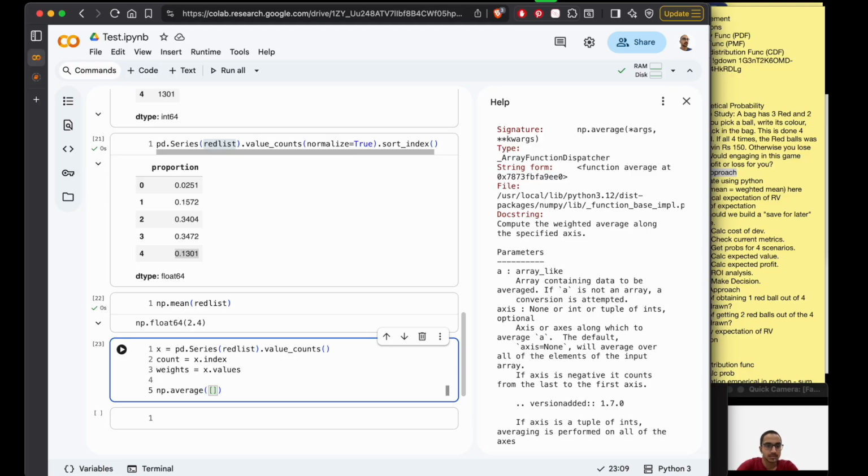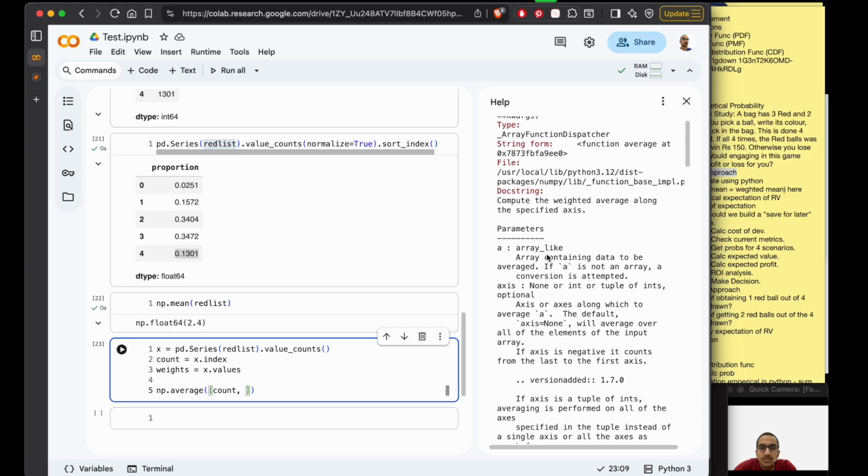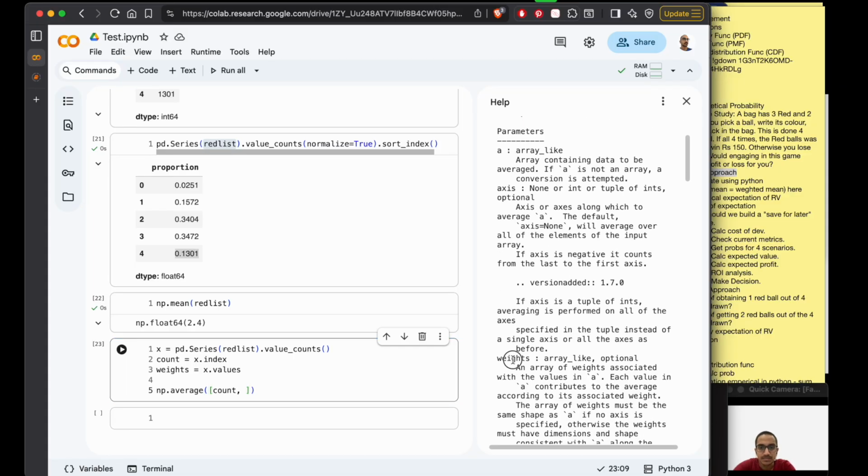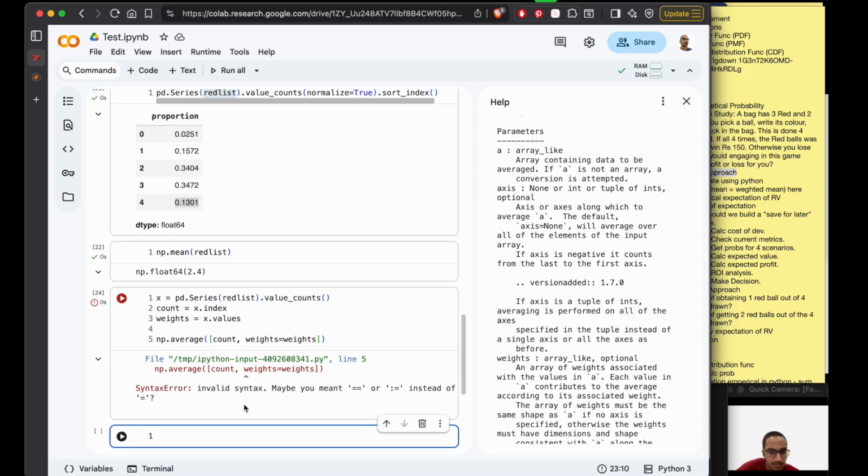So this will be count, comma, the other argument, if I'm not wrong. Yeah, it is weights. Weights equal to weights. So let's see, invalid syntax.